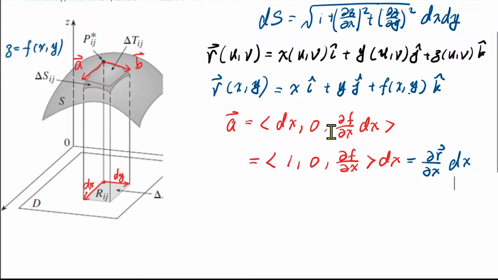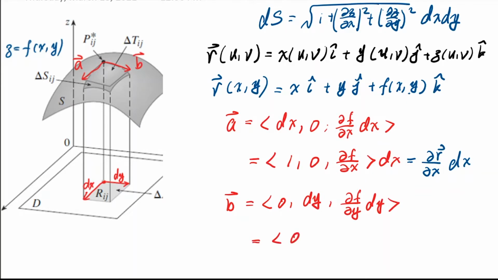And then likewise, your b vector, remember we did it this way: no movement, and just a tiny movement in the y direction, and then it'll move according to the slope in the y direction, times dy, right? Then we factored out dy, so we have this thingy.